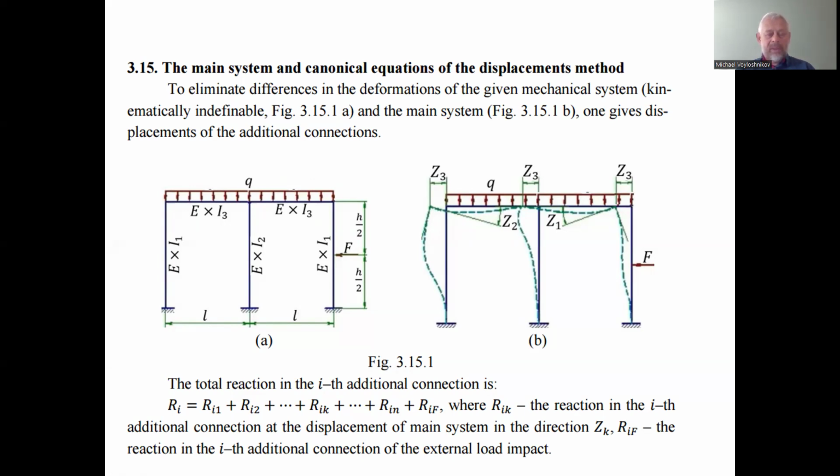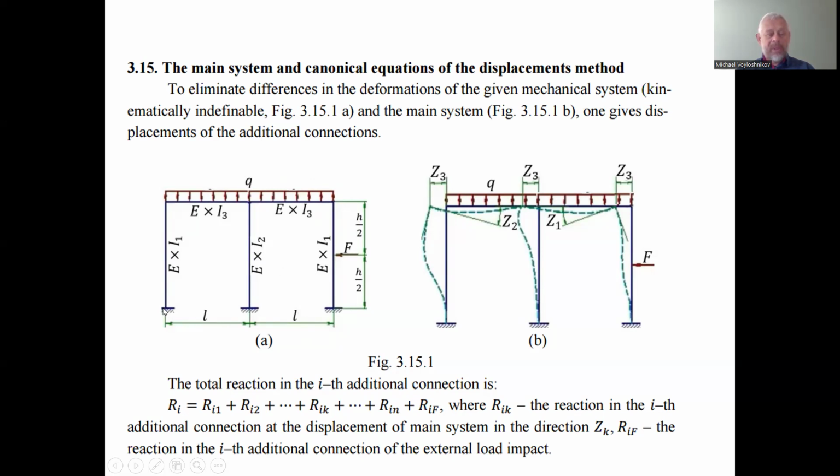static indefinability. For the displacement method, we can consider the number of degrees of indefinability as a number of angular indefinabilities, as how many rigid nodes the system has. Here we have 2 rigid nodes, and the second is the linear indefinability of this mechanical system, and we can consider the hinged scheme instead of this one.